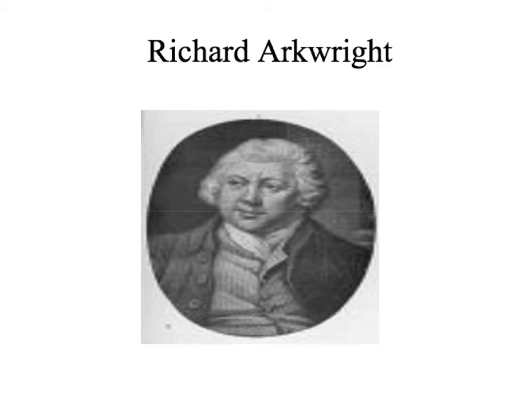And finally, Richard Arkwright. Richard Arkwright was the Bill Gates of his age, and he effectively invented the world's first factories. He had a cotton spinning, wool-making industry that he inherited from his father, and he had all the ladies that he employed to spin wool.